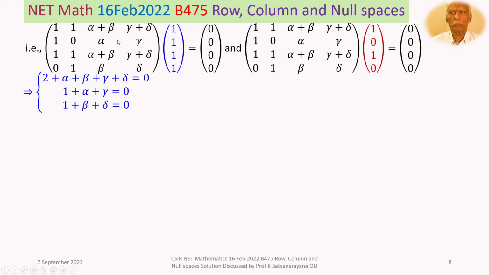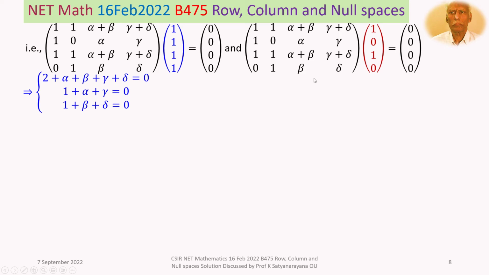The second row gives 1 plus alpha plus gamma is equal to 0, and the third row gives the same as 2 plus alpha plus beta plus gamma plus delta is equal to 0, which is already there. And the fourth row gives 1 plus beta plus delta is equal to 0.